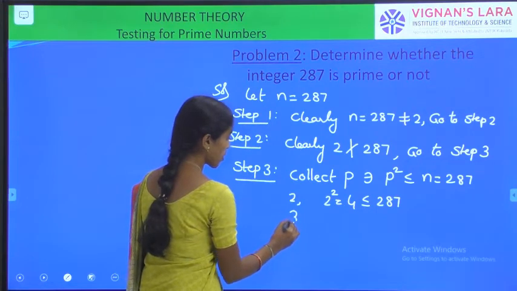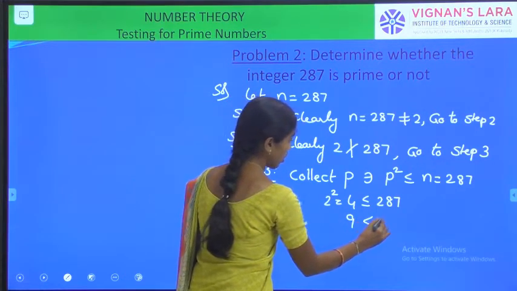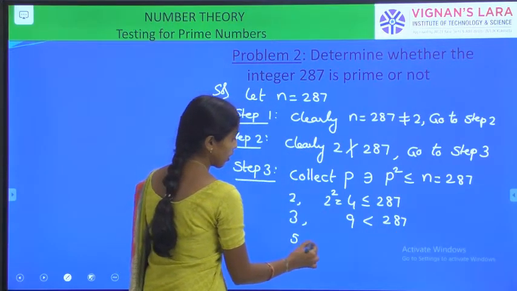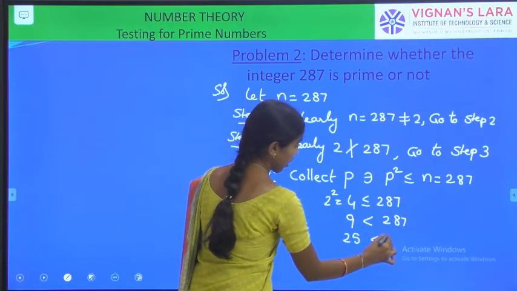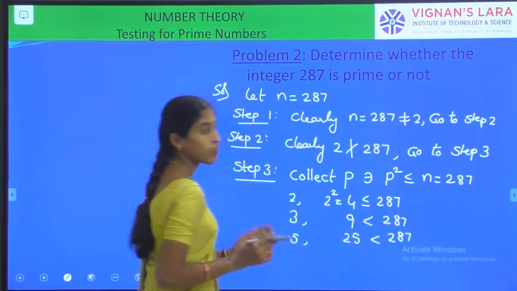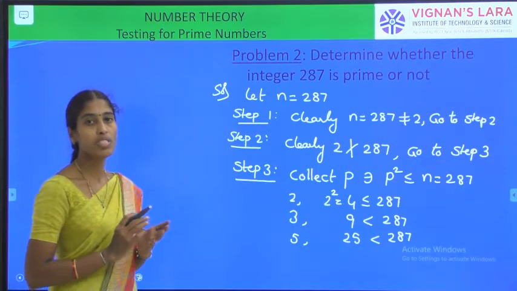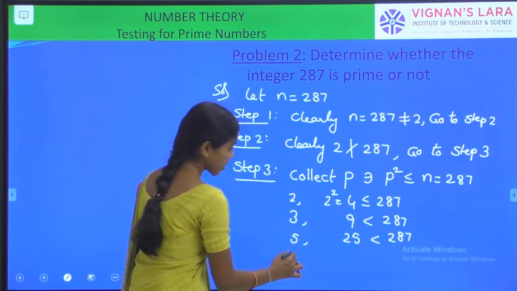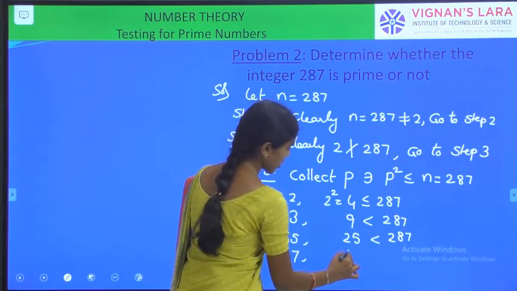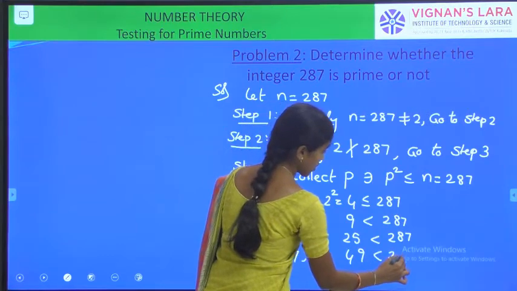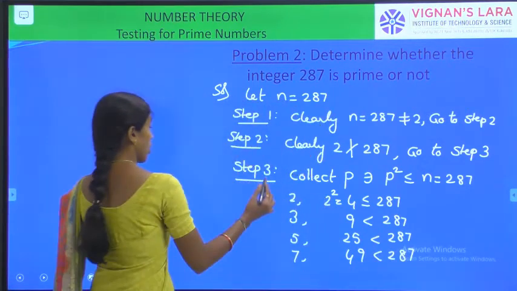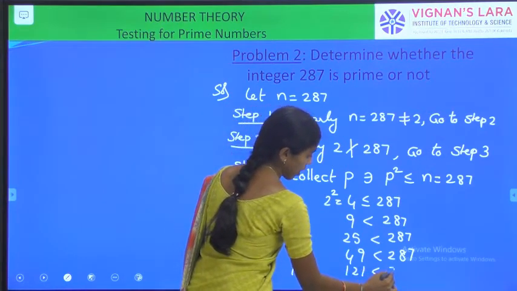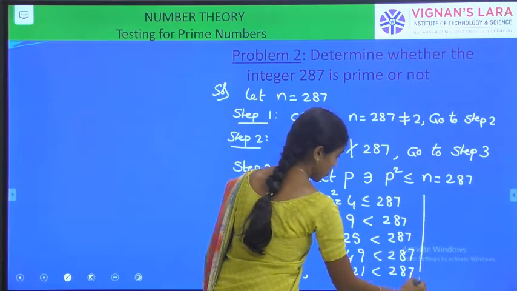The next prime number is 3. 3 square is 9, which is less than 287. Next prime number is 5. Clearly 5 square, 25, is less than 287. Like that we have to collect all those prime numbers which satisfy the condition p square less than or equal to n. Right? Next prime number 7. 7 square is 49, less than 287. Next prime number 11. 11 square, 121, less than 287.